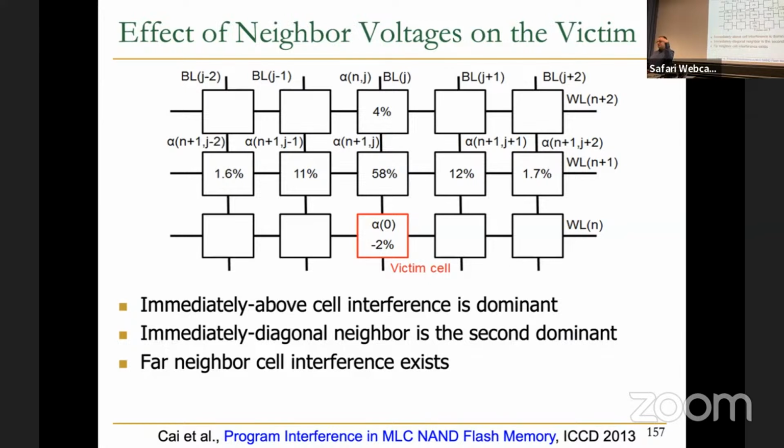Like you program a row and then you leave a few rows and then you write to row 4, for example. But then when you program row 1, it can cause some interference to row 4, for example. I mean, no, row 0.